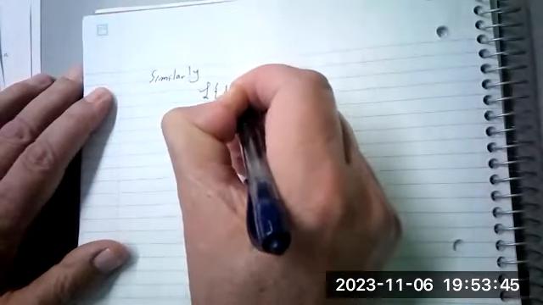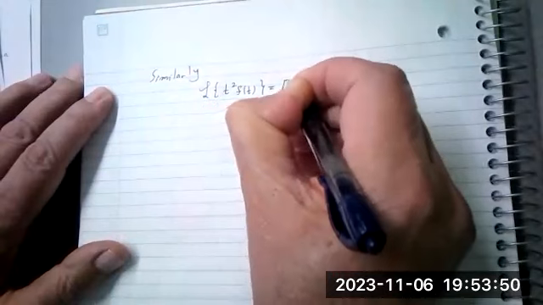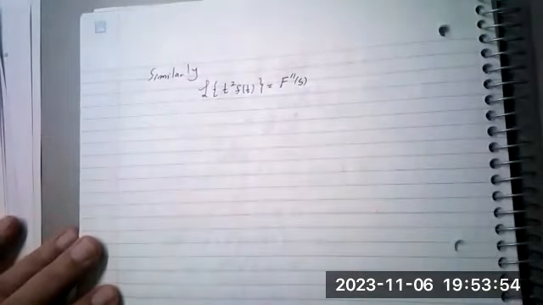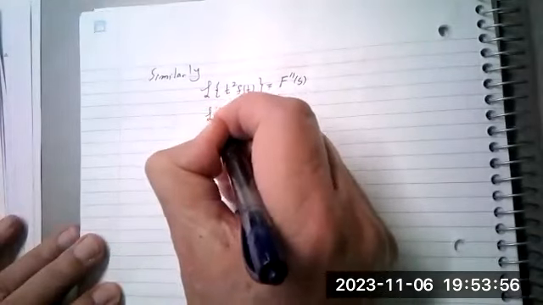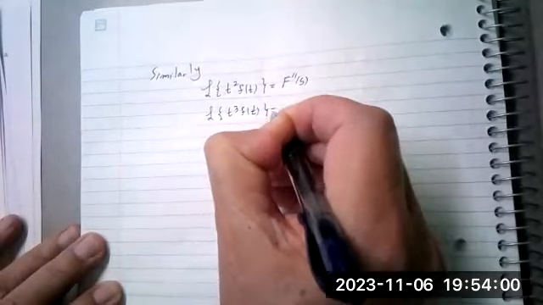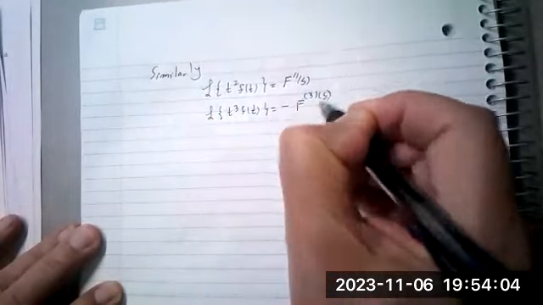So we can say safely, similarly, Laplace of t squared f of t would be the second derivative of the Laplace transform. And if you want to find the Laplace of the third one, just repeat that procedure. That gives you negative the third derivative.